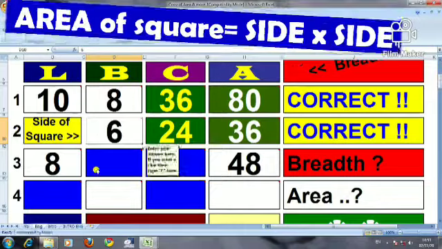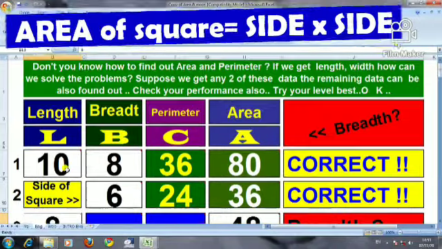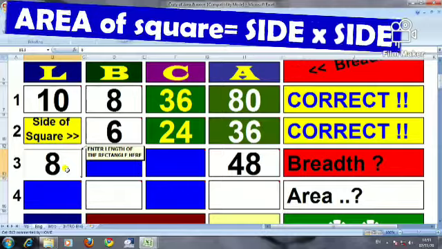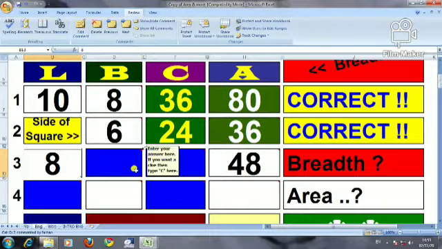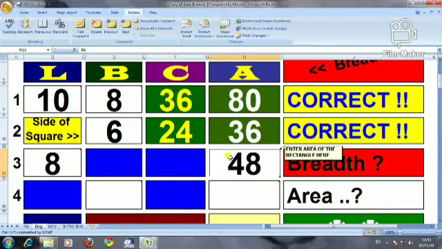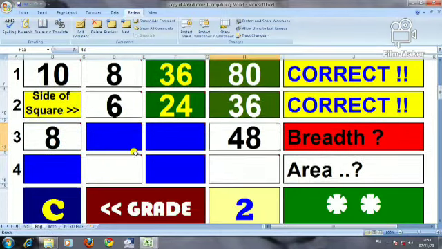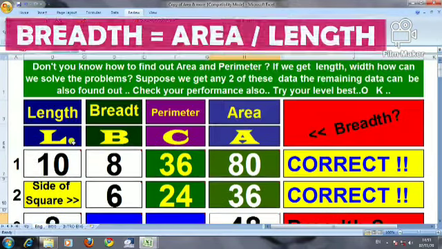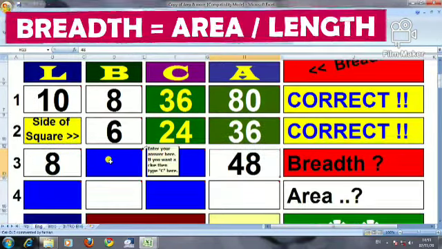Now we are coming to the third one. Here the data given are, you see, length is given and here the area is also given. So we have to find out breadth and perimeter. So we know area is the result of length and breadth multiplication.